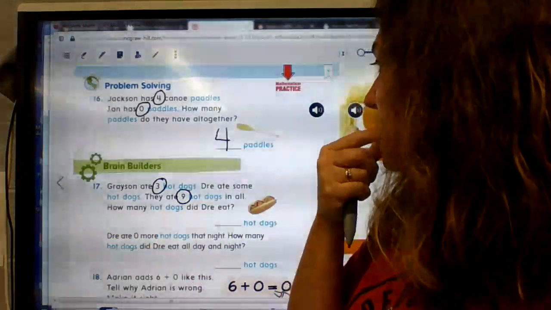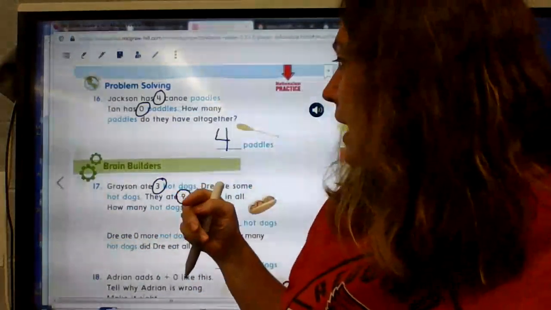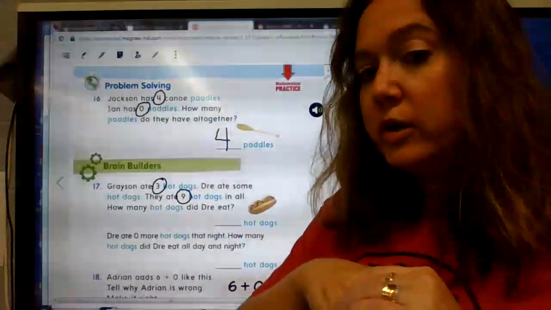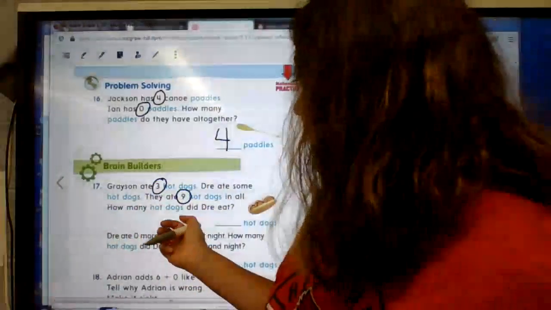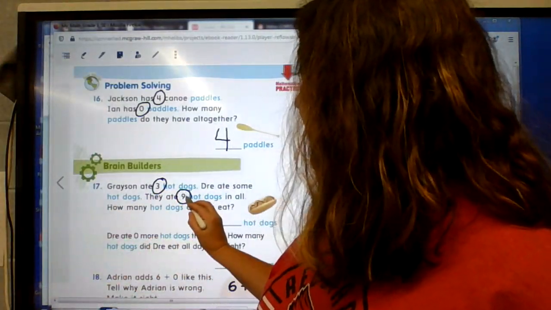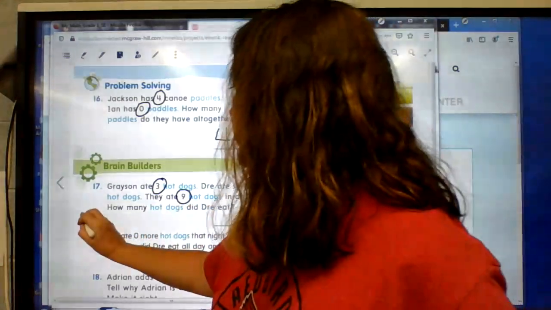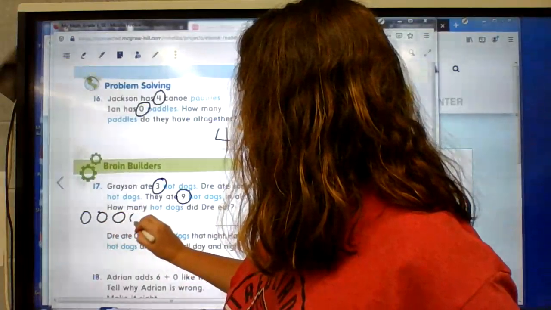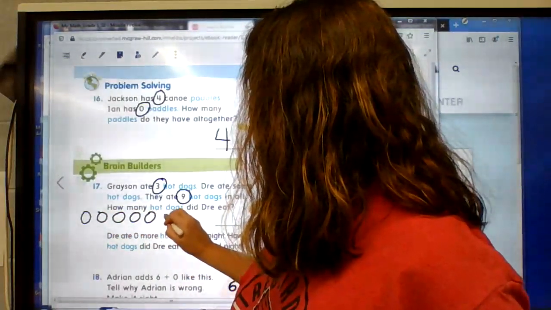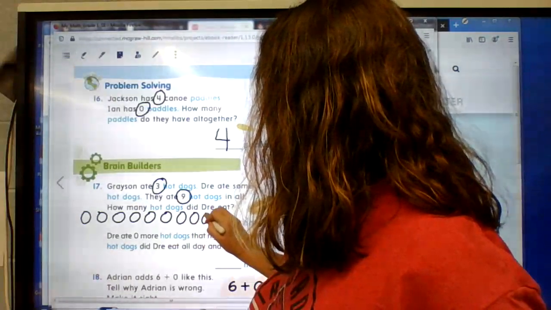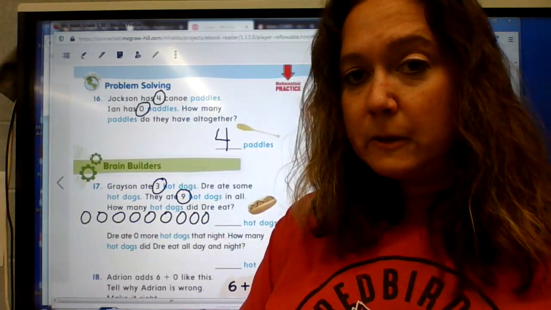What I would do is, if you had counters or something that you could use, that would be good. But I'm going to draw pictures because I don't have any. I'm just going to draw circles to pretend that they're hot dogs. They had 9 hot dogs altogether. 1, 2, 3, 4, 5, 6, 7, 8, 9. That's how many they had altogether.